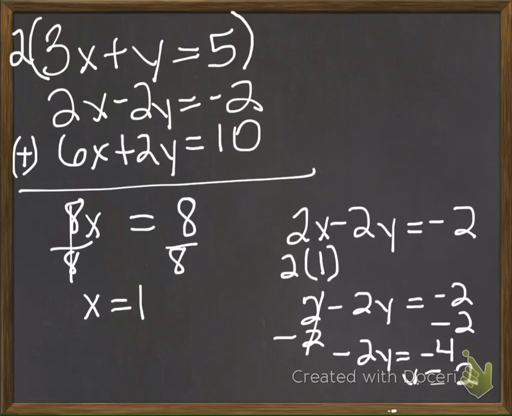Identity, identical, infinite. Okay? So if they're identical, that means that they're considered an identity. Identities mean that there are infinite solutions. Okay? Now, if it's not equal, that means no solution.